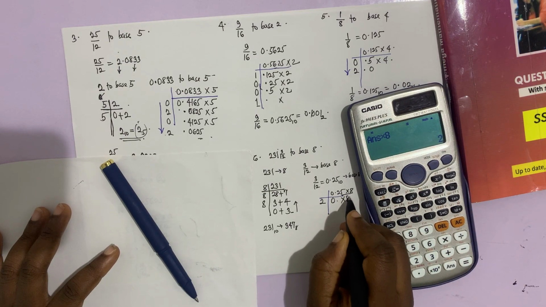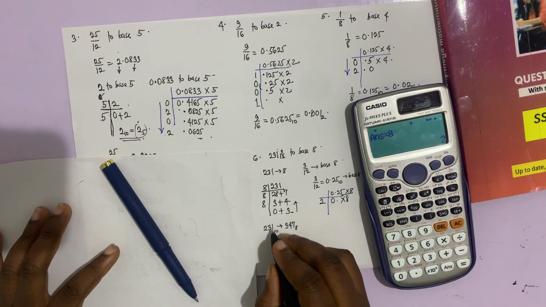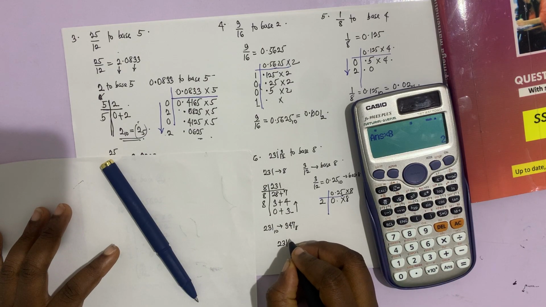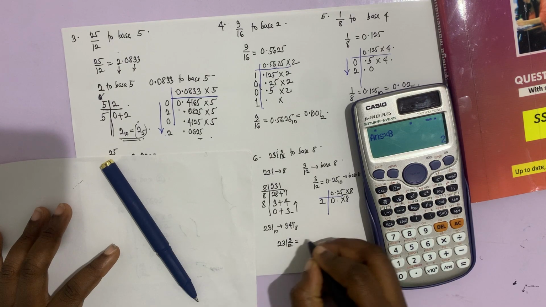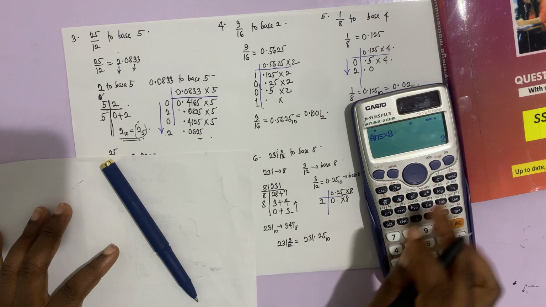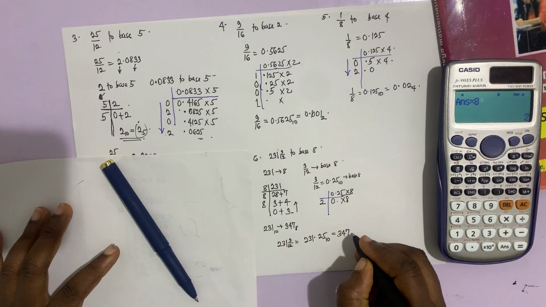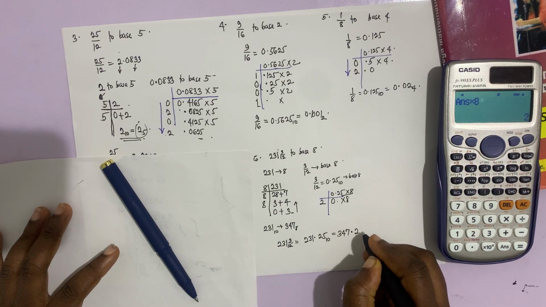So 0 times 8 is still 0, so that's where we stop. So this would become 231 and 3/12, which is the same thing as 231.25 base 10, will be 347.2 base 8.